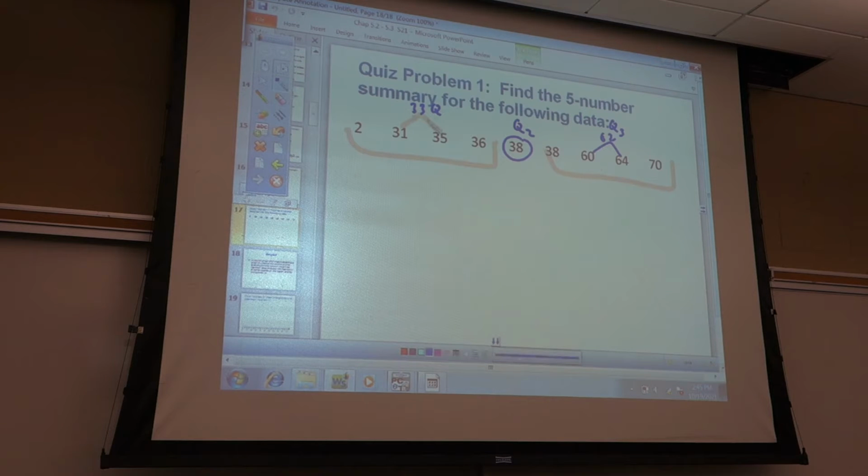So sorry. All right, and then we have our min. We have our max. Okay, so there is my 5-number summary. 2, 33, 38, 62, 70. Good so far? Great.